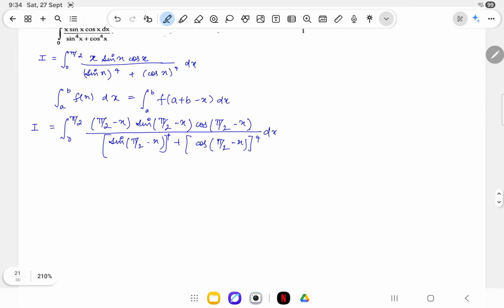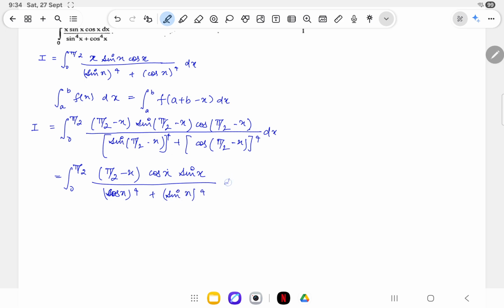And we know that sin 90 minus theta is equal to cos theta, and cos 90 minus theta is sin theta. So it will reduce to 0 to pi by 2 of pi by 2 minus x cos x into sin x divided by cos x raised to 4 plus sin x raised to 4 dx.